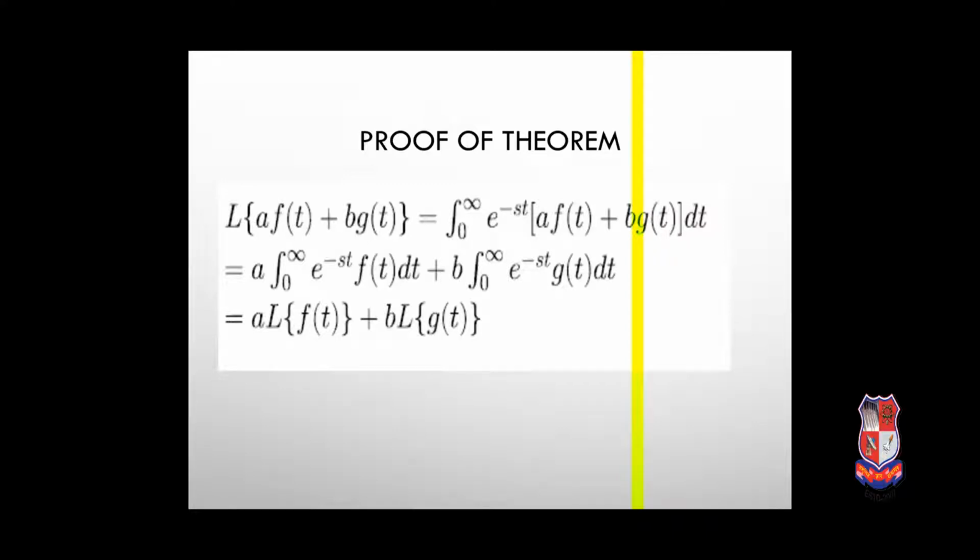According to the integration rule, we keep a and b outside. In the first term a is constant, in the second term b is constant. Then integration 0 to infinity e raised to minus st f of t dt is Laplace of f of t, and integration 0 to infinity e raised to minus st g of t dt is Laplace of g of t.